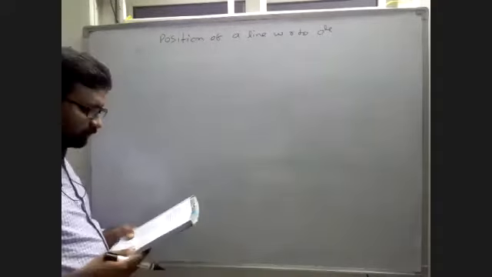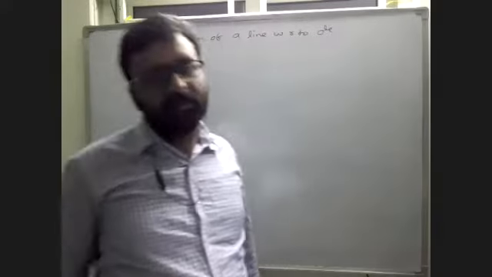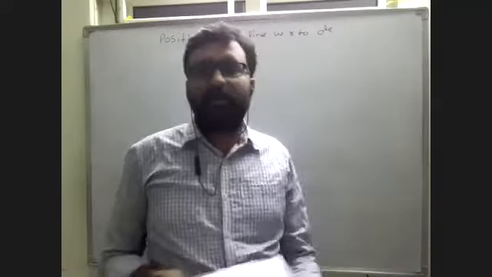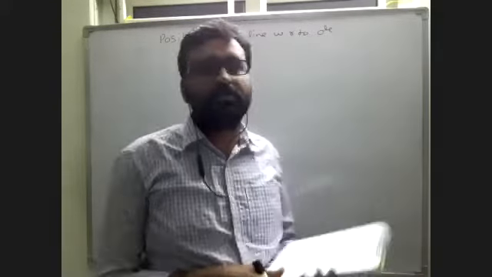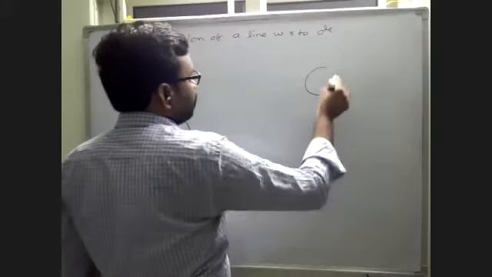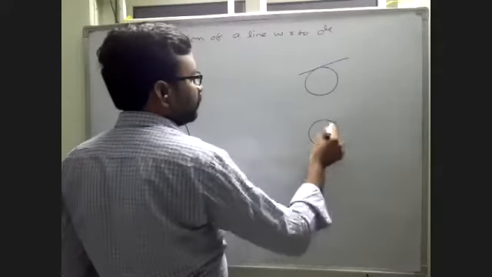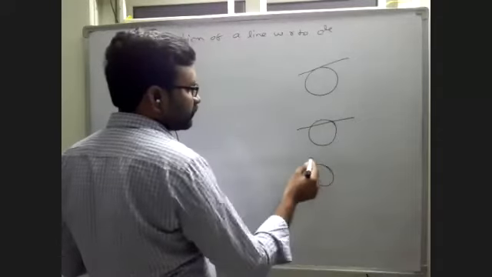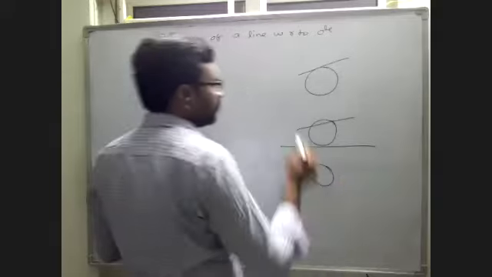A line may touch the circle, may intersect the circle, or may not touch the circle. So these three conditions exist. Three cases.